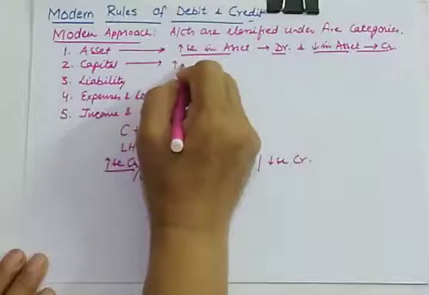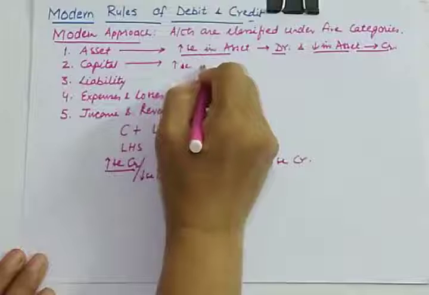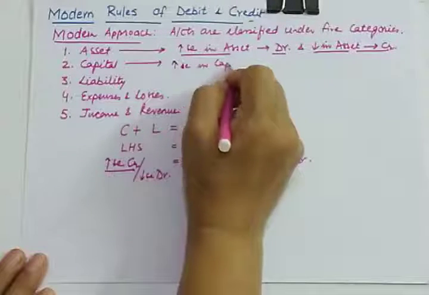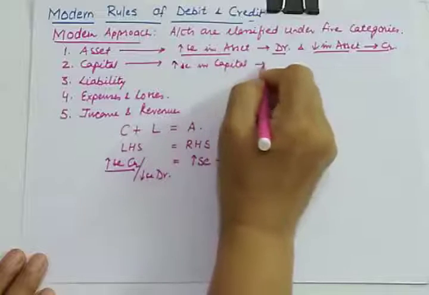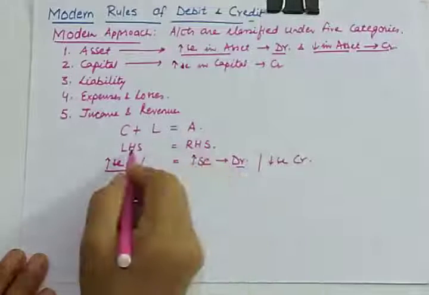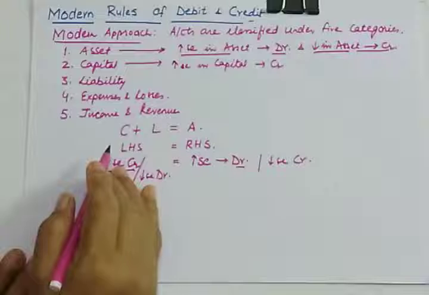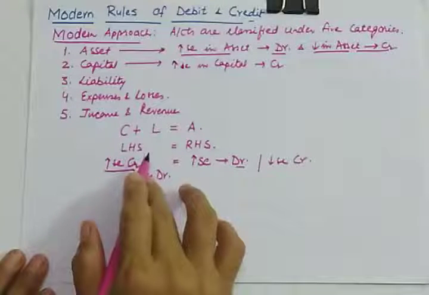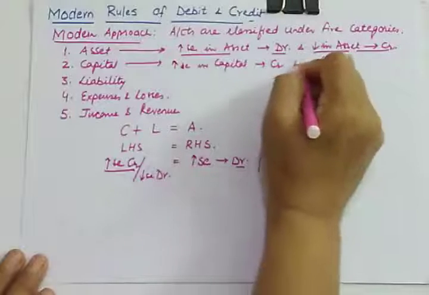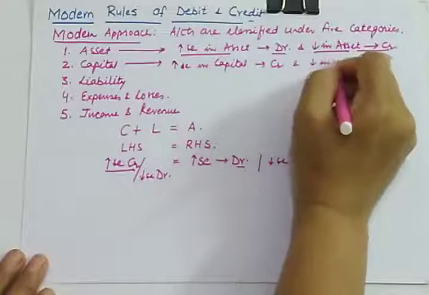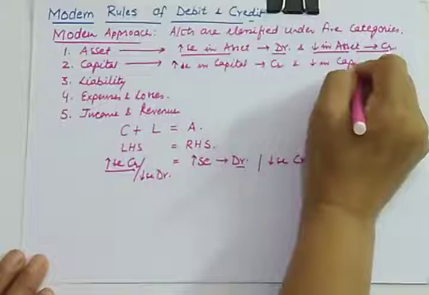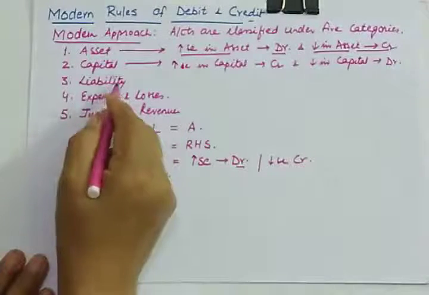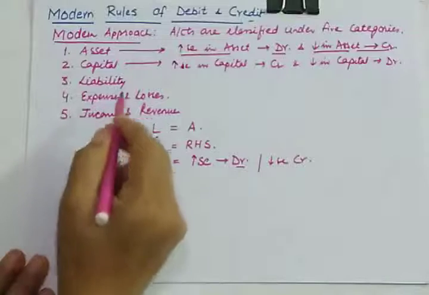Here I am using this sign for increase. Increase in capital is credited, because this is on the left hand side, and the rule which is applicable for the right hand side will be opposite for the left hand side. And decrease in capital will be debited. Similarly, the same rule for L. L means liabilities.